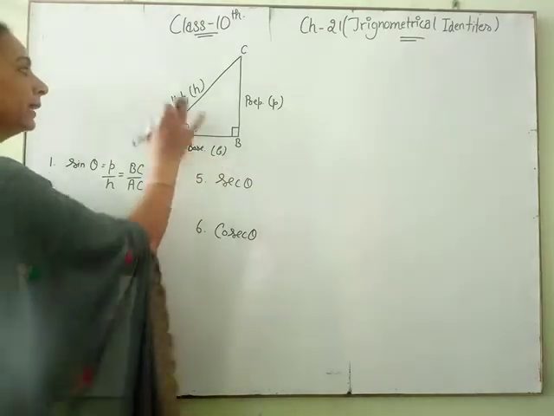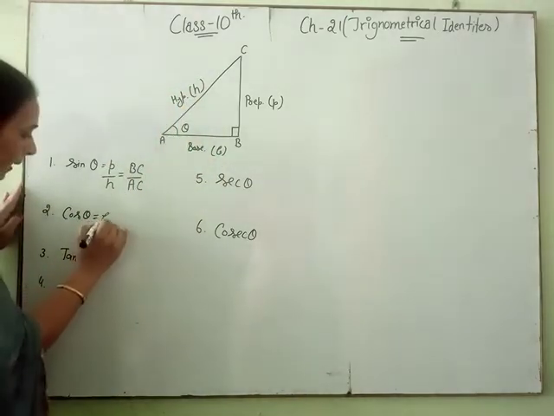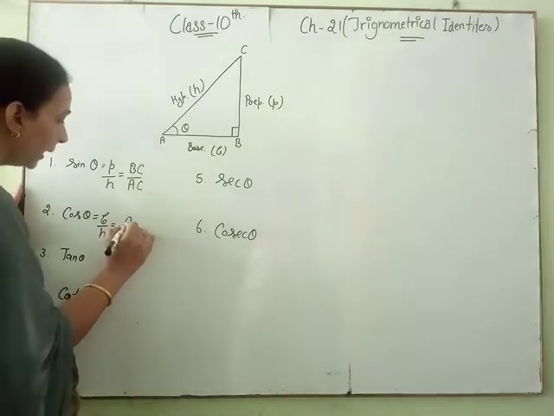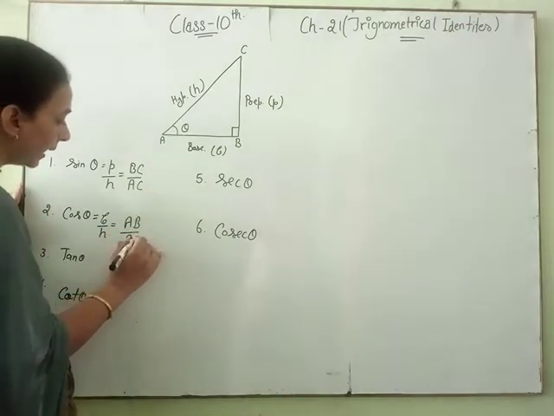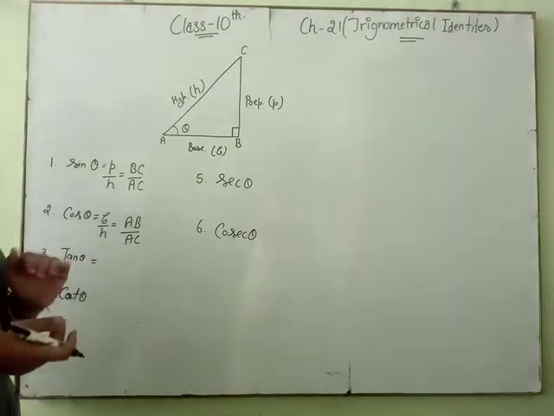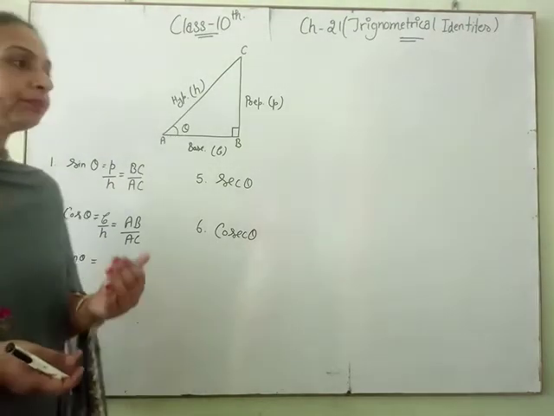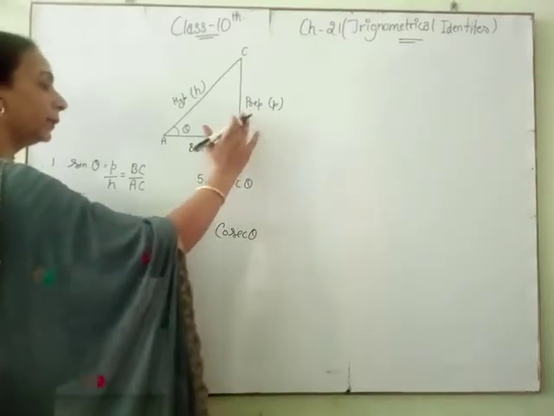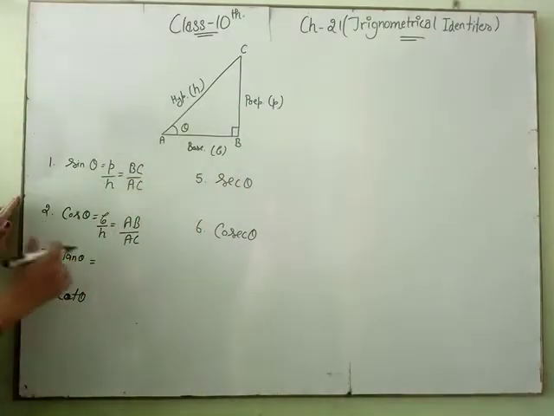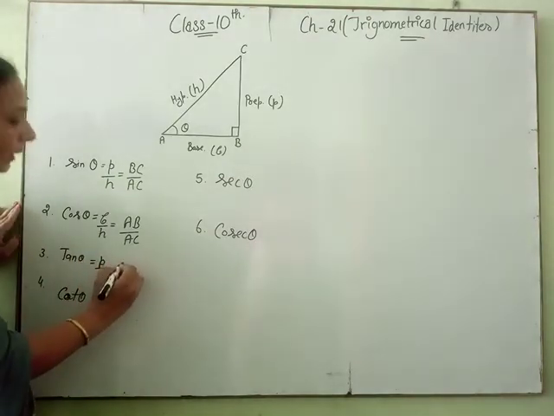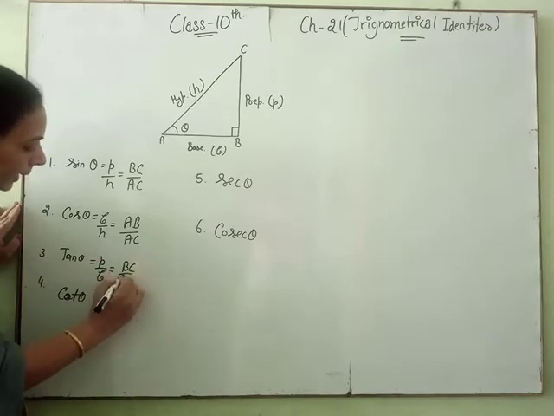Cos theta is base by hypotenuse, B by H, and we write this AB divided by AC. Tangent theta is sine by cos, and tangent theta is perpendicular by base, P by B, BC by AB.